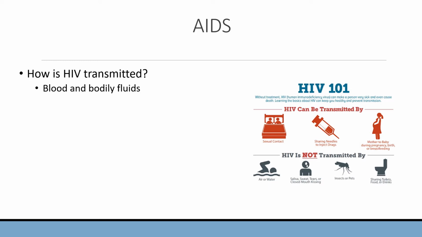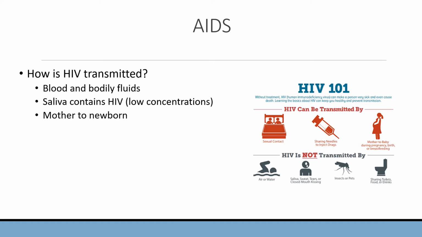Now, it's important to note that there are activities that do not transmit HIV, so you shouldn't be concerned about those terribly much. You should be concerned about maternal to newborn transfer or even pregnancy, sexual contact, and needles.